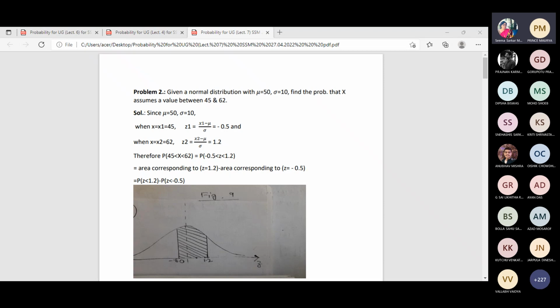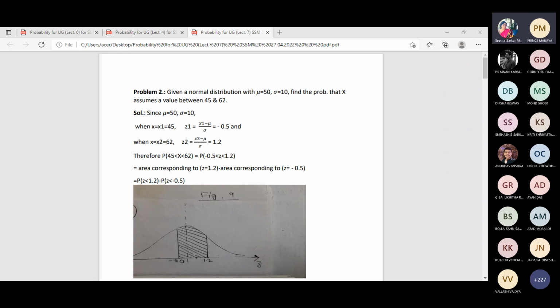Here is one problem. Let us consider this one. Problem number 3. Given a normal distribution with mean mu equal to 40 and standard deviation sigma equal to 6. Remember that this mean and standard deviation correspond to your normal random variable capital X. Now find the value of X that has 45% of the area to the left.